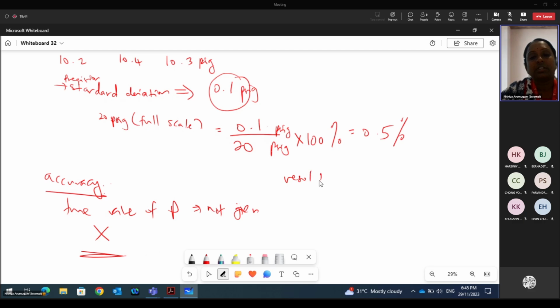Next is resolution. Resolution means the smallest interval between two numerical values. Let's say we have 10.2 and 10.4. We need to find the interval between these two, or we can also find it by measuring the difference between the highest and the lowest point.